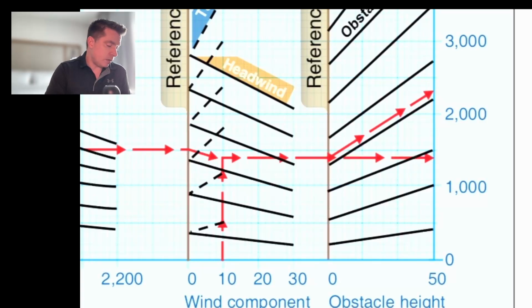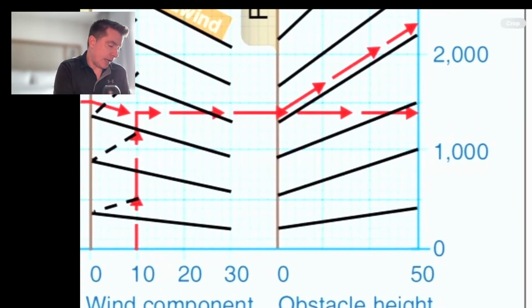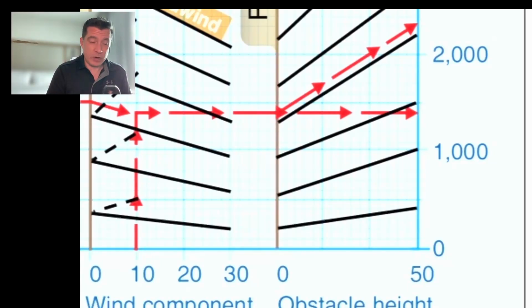Note your wind component and note your obstacle height. I will point out on the obstacle height that you will see the divisions 50, and there's three large squares, 50 divided by 3. So each one of those is approximately 16.6, I believe, and each one of those small squares is like 3.3 feet.